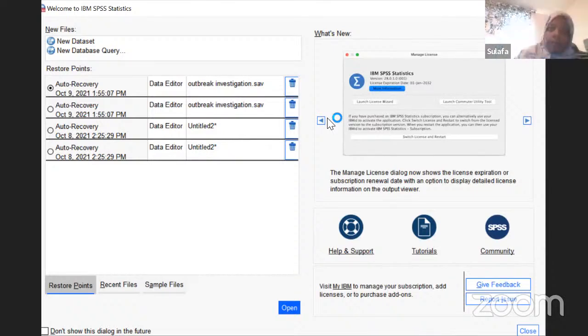So it will come with this window, Read Excel File. You can specify the variable names if you have headers in your Excel sheet.